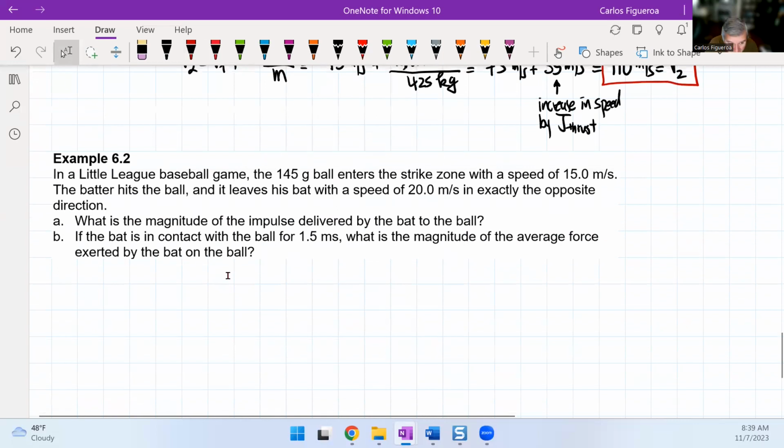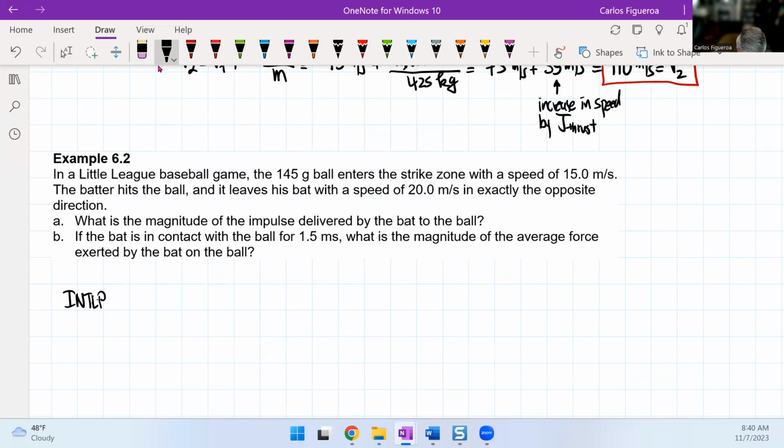Okay, let's look at this. What I want to do here is interpret the problem. So what do I see here? Well, the first thing I'm going to do is imagine that the baseball is moving to the left.